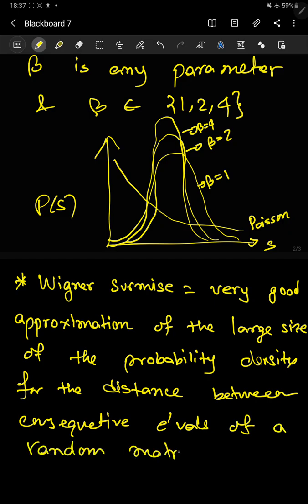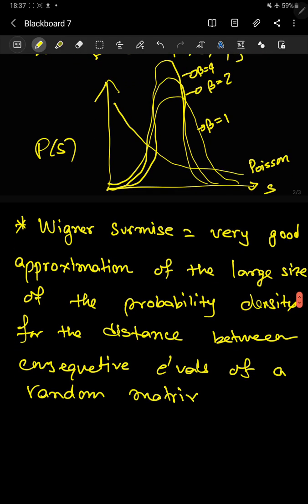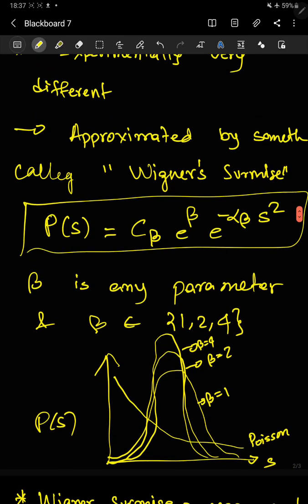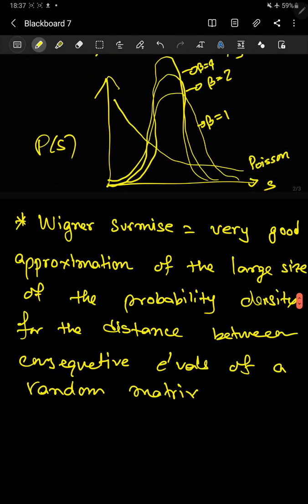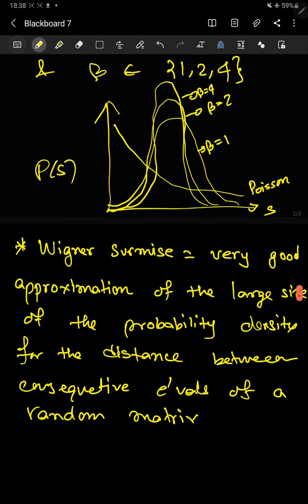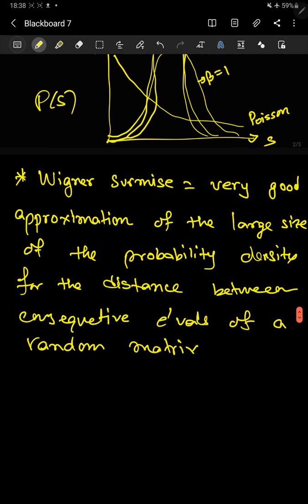So hold on to that thought. What does this mean? So the Wigner surmise that we saw here, I'm claiming, and we'll see an example in a bit, is a very good approximation of the large size of the probability density for the distance between consecutive eigenvalues of a random matrix.